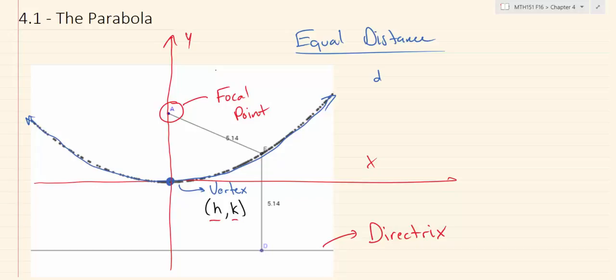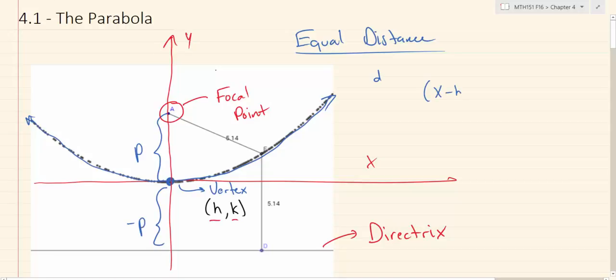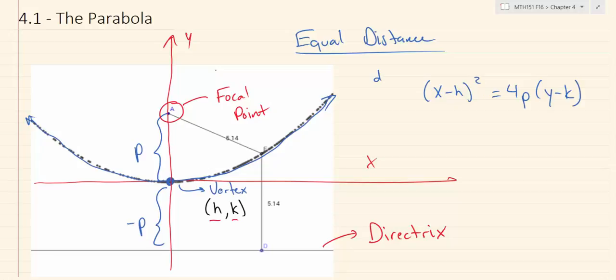Now there's another characteristic that we want to identify, and that's the distance between the focal point and the vertex. This is called p. That means the distance from the vertex to the directrix is negative p. Here's the equation. X minus h squared equals 4p times y minus k. This takes into account the vertex, h and k.